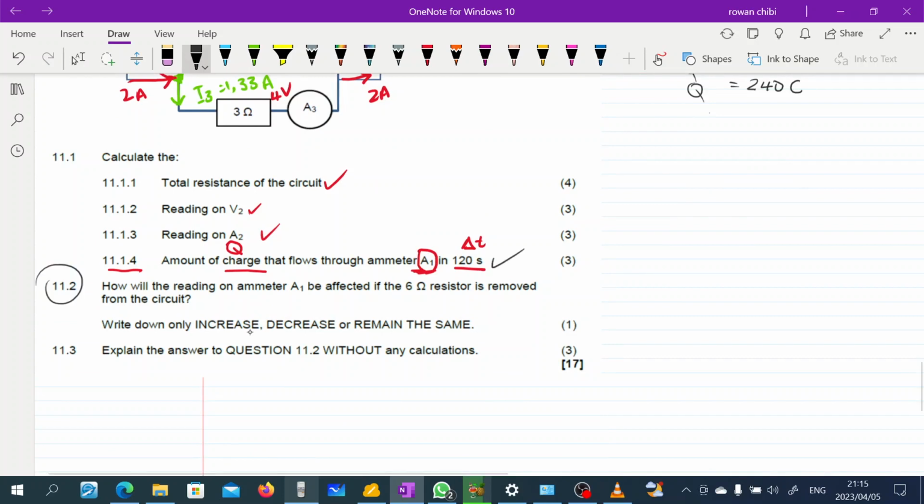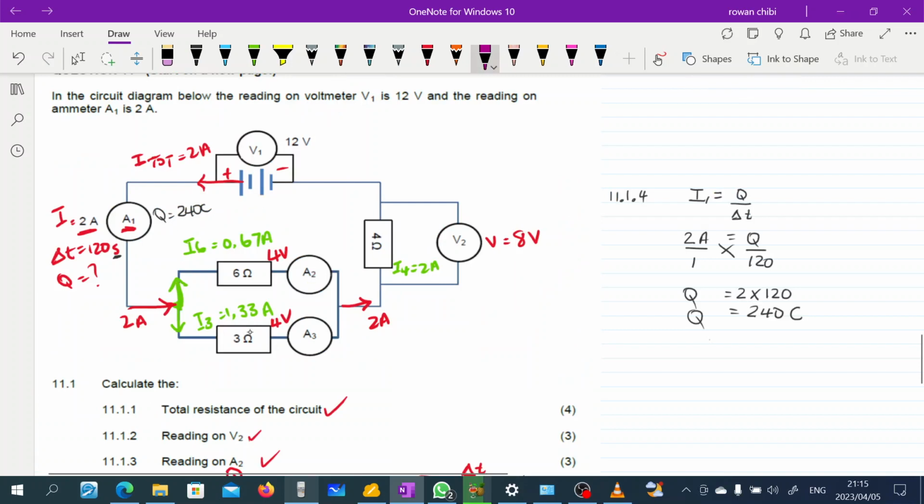How will the reading on ammeter A1 be affected if the 6 ohm resistor is removed from the circuit? In other words, if you remove this resistor, what's going to happen now to this current of A1 if you remove this resistor?